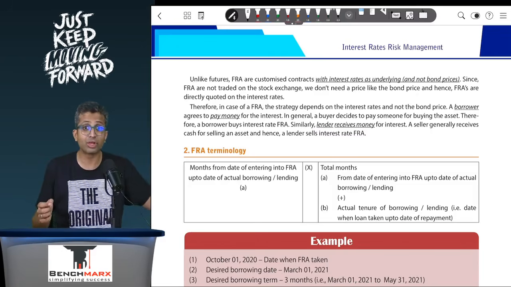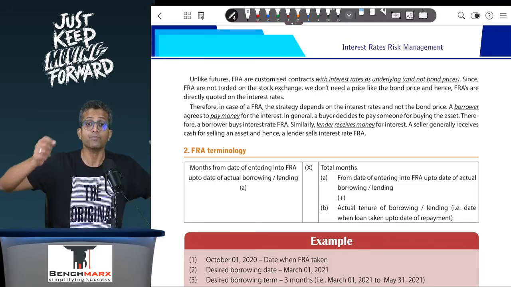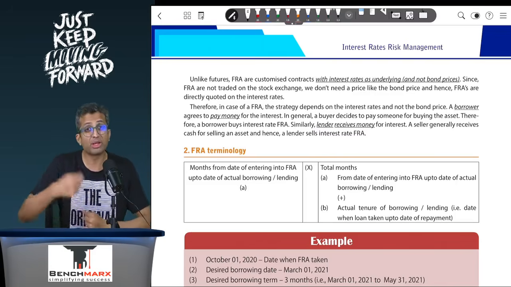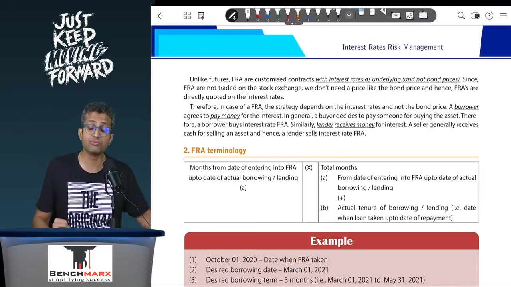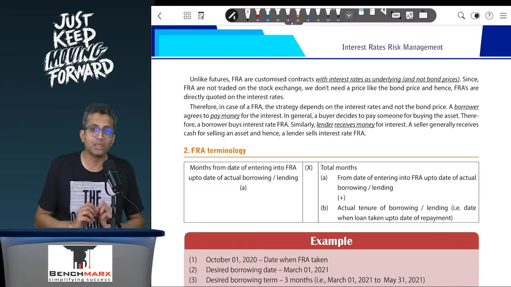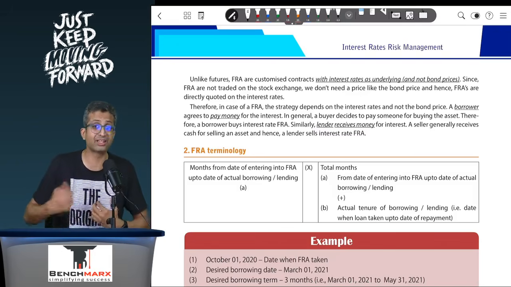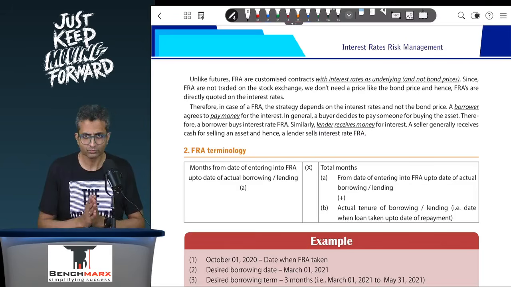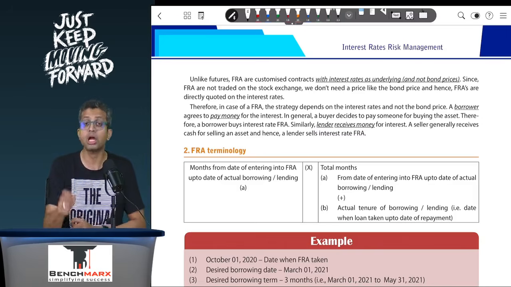When you look at an interest rate future, the underlying is a bond and the borrower sells the bond. However, in case of a FRA, the underlying is the interest itself and the borrower pays for the interest, so he is buying the FRA. The opposite applies for the lender, who in case of futures buys the bonds. However, when I come to FRA, I get cash for interest, I get cash for something that I sell. So I hope you understand that the strategy is exactly opposite. You are intending to achieve the same goals, but because the underlying product is different, the strategy becomes opposite.